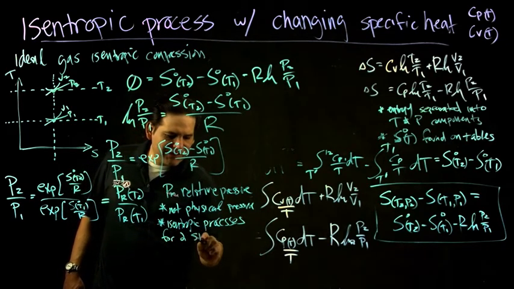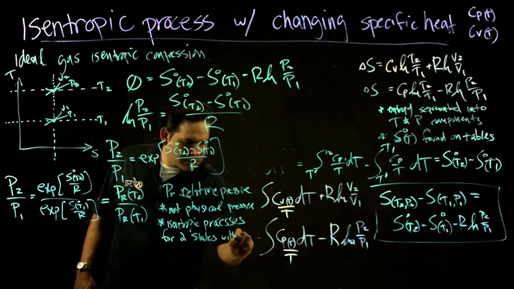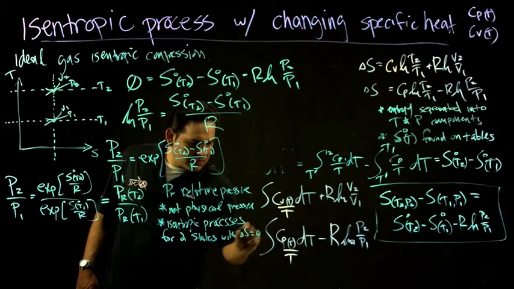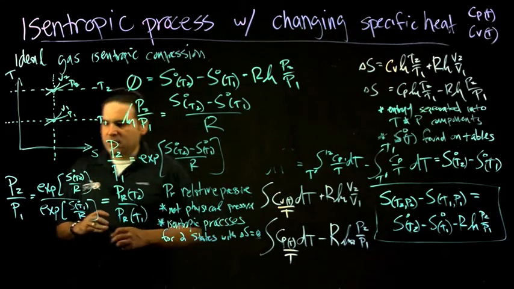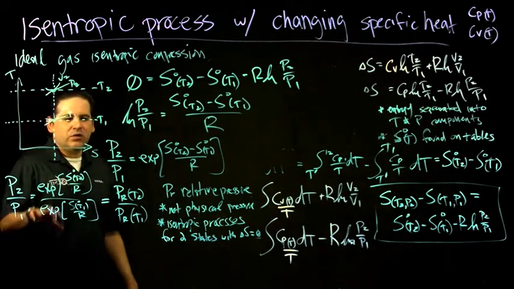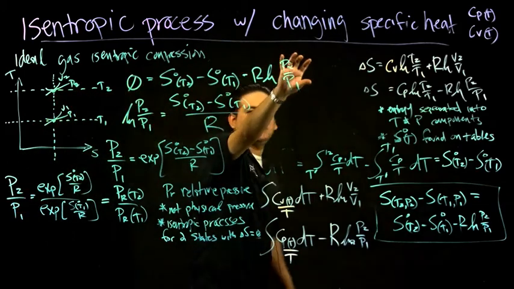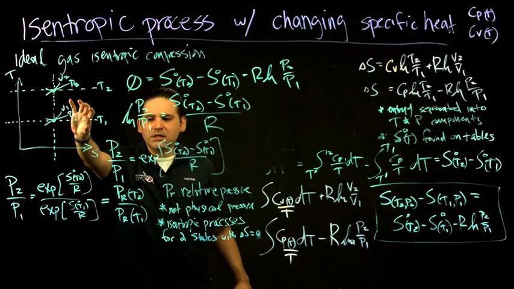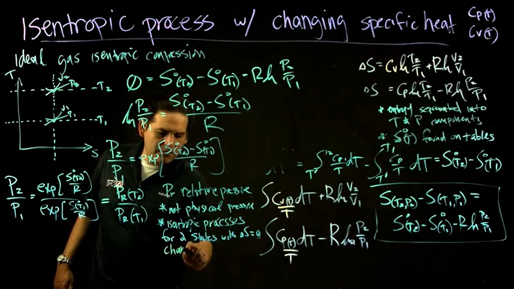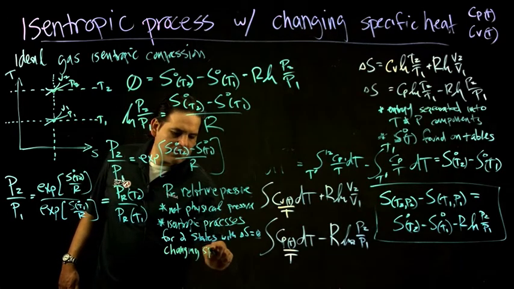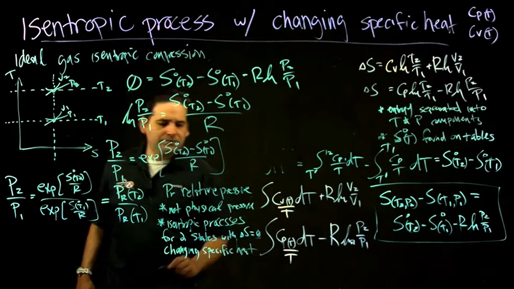To relate two states, that's what it's defined as: some convenient tabulated value which can relate two states with a changing specific heat for an isentropic process.